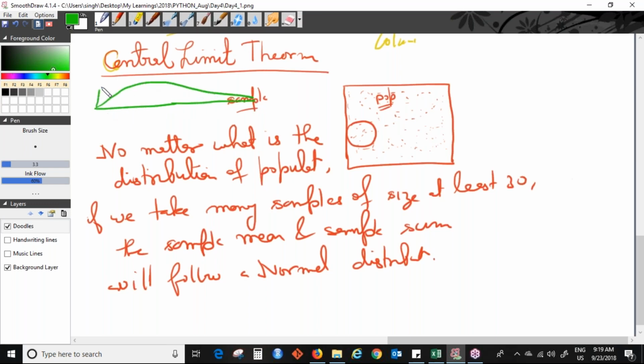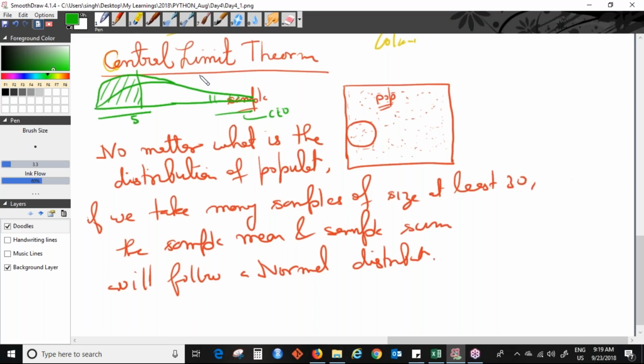You will have a lot of people with incomes below 5 lakhs, all the freshers, because we obviously have more entry level professionals in the industry than managers. And then you will have a few outliers, maybe the CEOs of companies, with very high income. It would look something like this, a right skewed histogram. So this is the population's histogram, the distribution of the population.